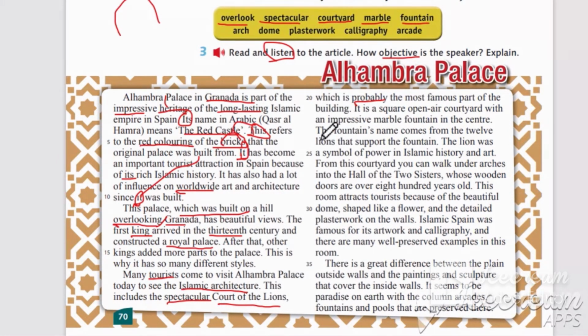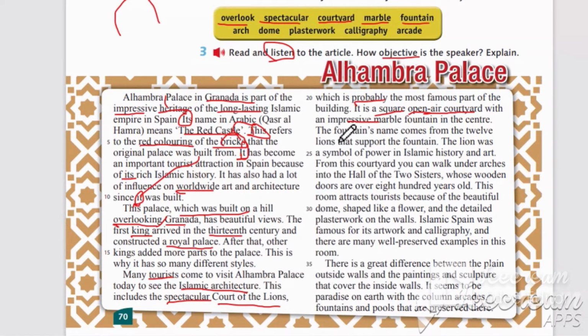What is the court of lions? Now I will explain it. It is a square, I mean a square-shaped space, okay, not a square exactly, open air, an open courtyard in the shape of a square with an impressive marble fountain, with an impressive marble fountain in the center.